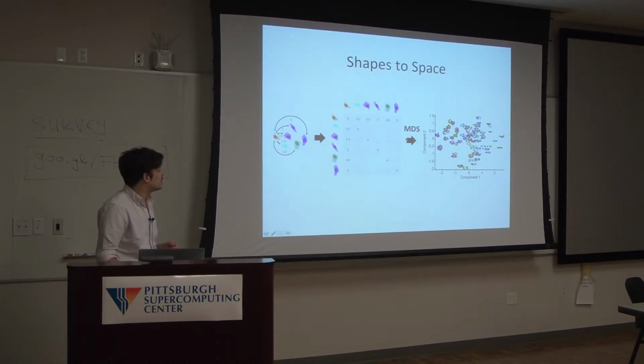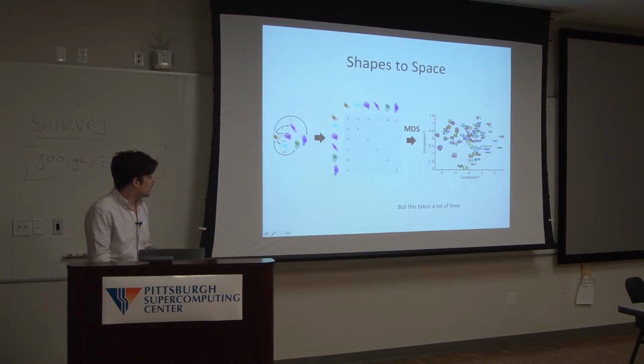We then use multi-dimensional scaling to embed this in a reconstruction of the original space from which the cells were drawn. And this, of course, is an approximation of the original space, because we don't know what that is to begin with.